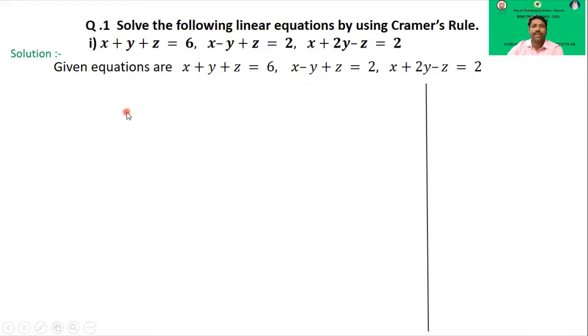Now we first find the value of d, that is the coefficient determinant. d is the coefficients of x, y, z: 1, 1, 1; 1, minus 1, 1; 1, 2, minus 1.